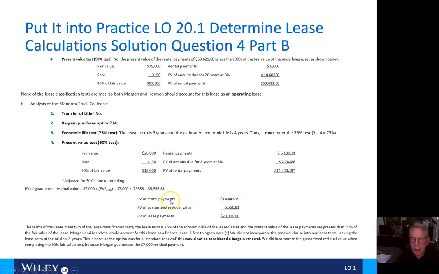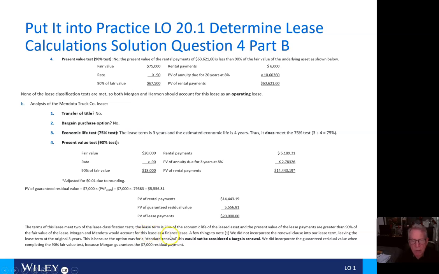So as we look at the present value of the rental payments here and the present value of the guaranteed residual value here, that takes us back to the present value of the lease payment of $20,000. So in terms of this lease, it meets 2 of the lease classification tests.